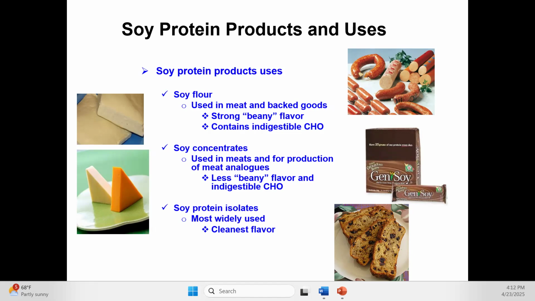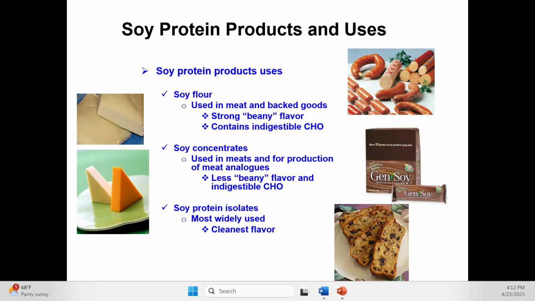Concentrates are used in meat analog production. They have less beany flavor. Mostly they are used to produce TVP, texturized vegetable protein. And then isolates are used a lot in baked goods and in bars.